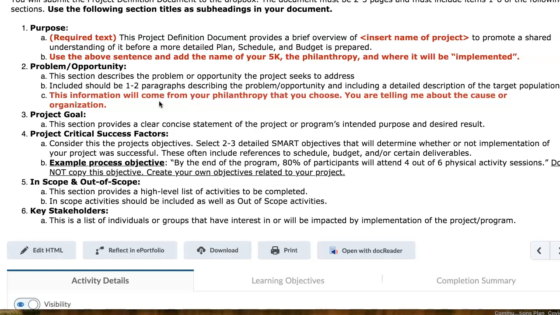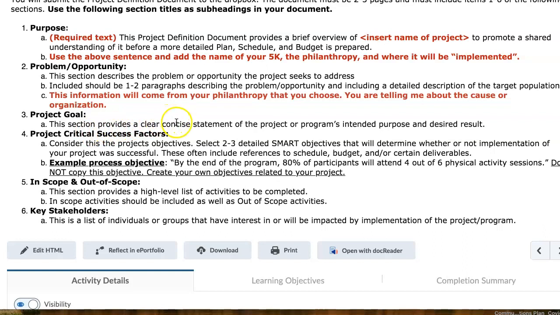So you would want to make sure that you talked about St. Jude here. You would want to make sure that you were connecting why the 5K would be important for St. Jude. Okay, what is the 5K going to accomplish? What is it going to do for St. Jude, aka the philanthropy?